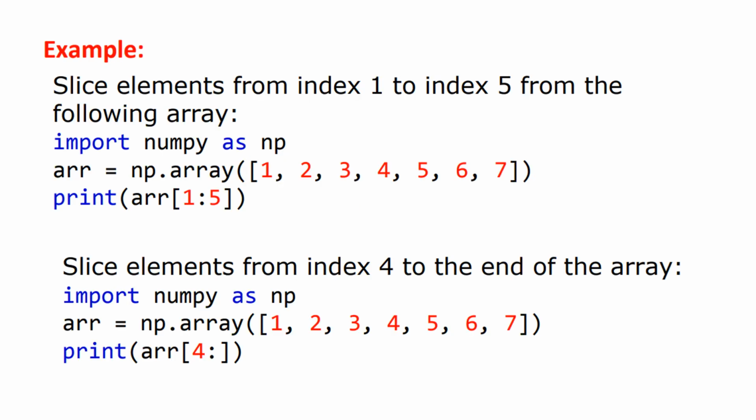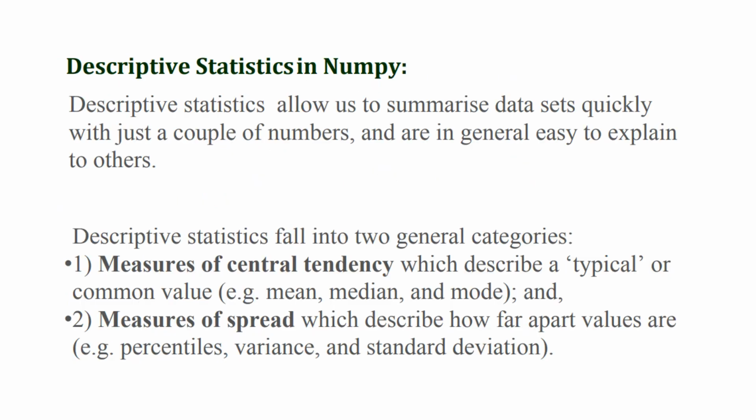Elements from index 1 to 5 can be represented as 1:5, and slicing elements from index 4 to the end is 4:. These are some examples of slicing.